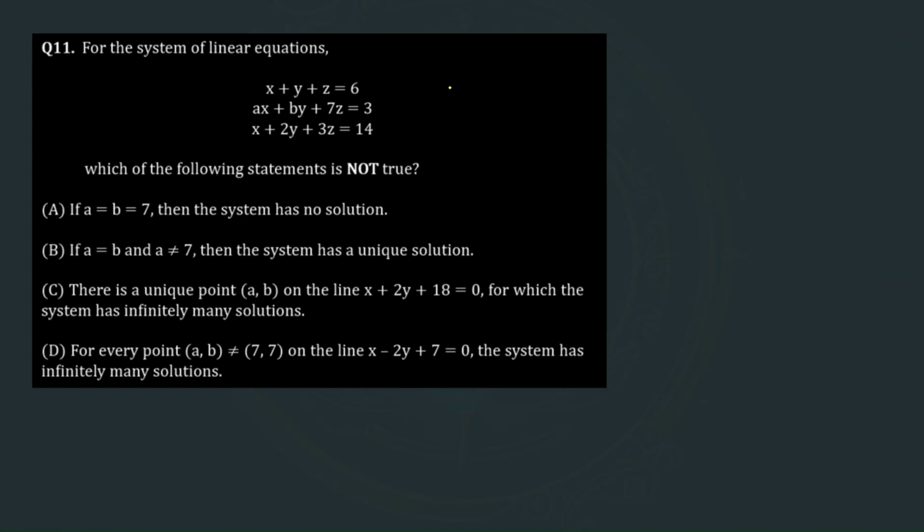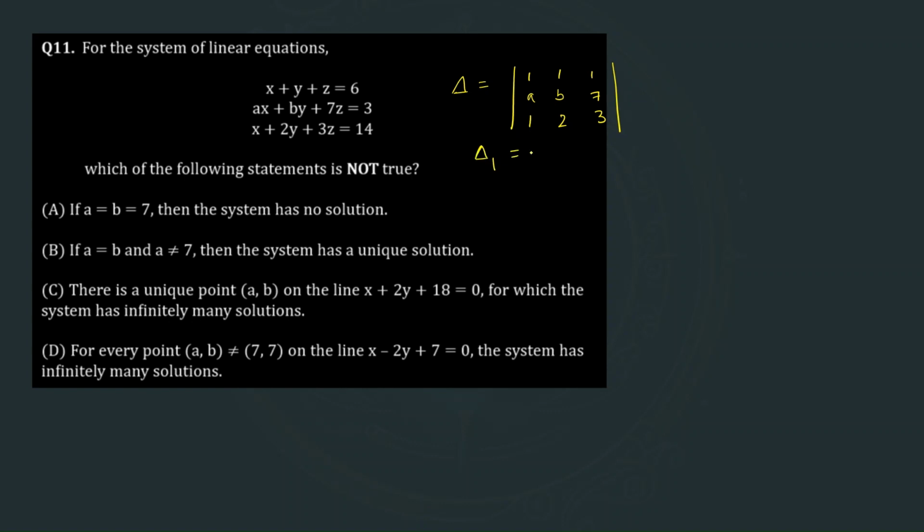So for any system of linear equations, we solve by Cramer's rule generally. Let us consider all the determinants. So delta, delta 1, delta 2 and delta 3. So delta will be the determinant of all the coefficients of x, y, z. It will be equal to determinant 1 a 1, 1 b 2, 1 7 3.